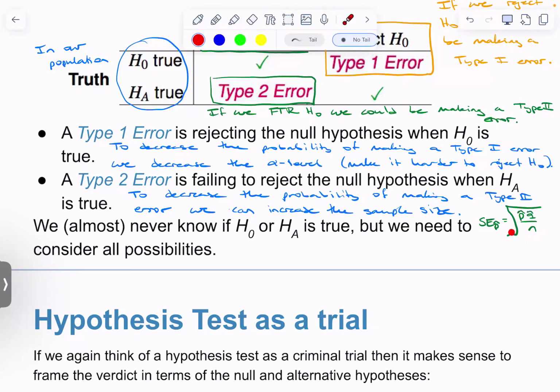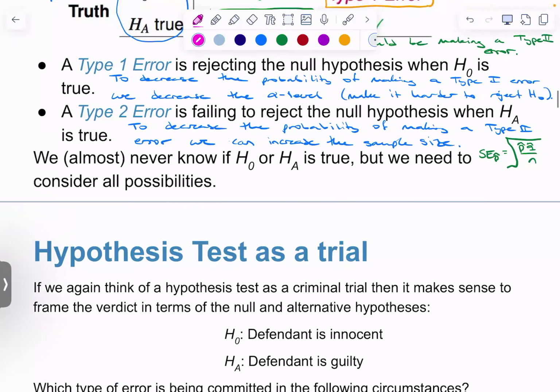And if I take a square root of a smaller number, then the standard error, which is the spread, is going to decrease. It's going to tighten up, right? Which means that our estimates become more precise, right? We're more sure of our p hats. That's extra, but if this increases, then this whole thing decreases, right? So then we decrease the spread around our p hat, right? And we get better estimates.